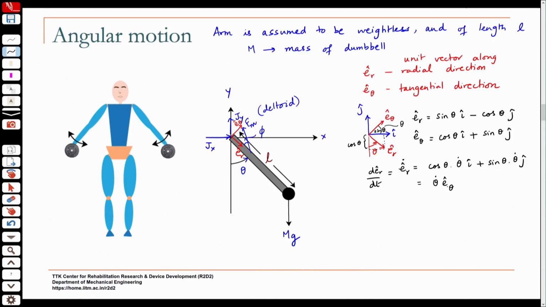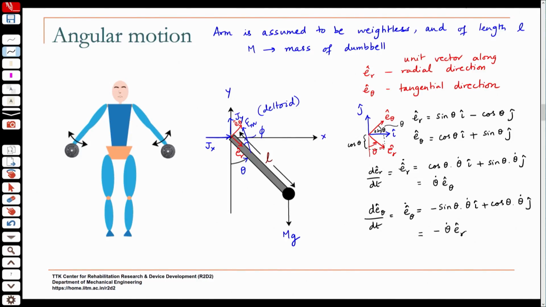Similarly, dE theta by dt, E theta dot: if I differentiate that, I get minus sin theta into theta dot along i plus cos theta into theta dot along j. This is nothing but minus theta dot into Er.